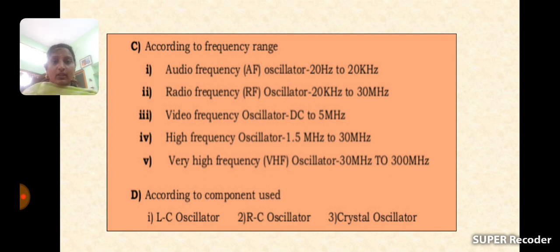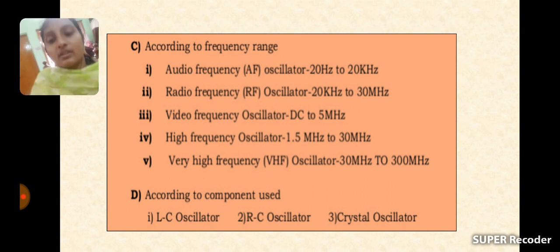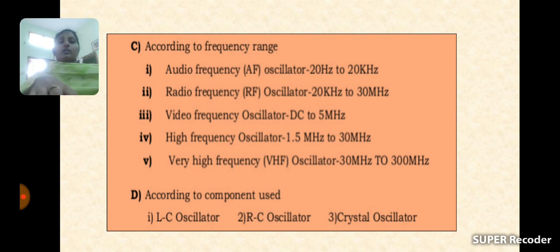But according to their frequency range, they are again classified into audio frequency oscillator from 20 Hz to 20 kHz and radio frequency oscillator from 20 kHz to 30 MHz. The video frequency oscillator produces frequency within the range of 5 MHz. And high frequency oscillators are also there, able to provide 1.5 MHz to 30 MHz.